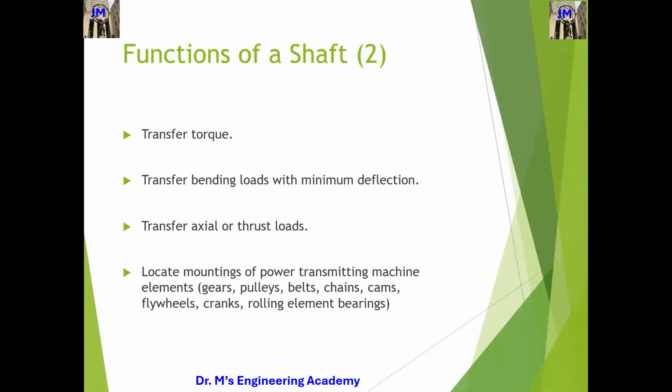The second one is to transfer bending loads with minimum deflection. I will transfer the bending loads, and also the axial or thrust loads. Lastly, locate the mounting of power transmitting machine elements, for example, gears, pulleys, belts, chains, cams, flywheels, cranks, and rolling element bearings.